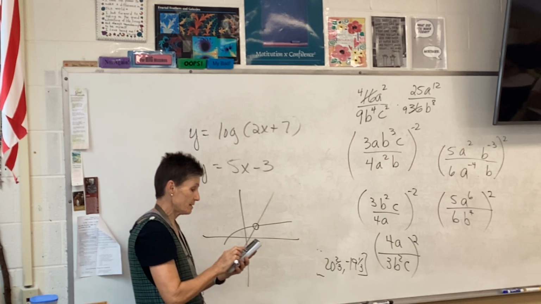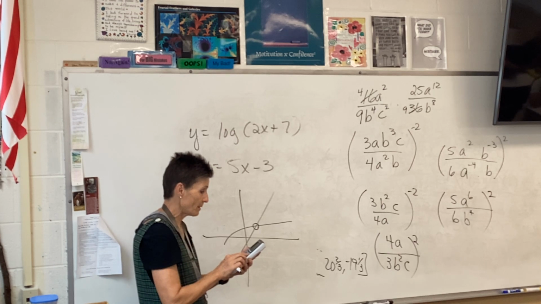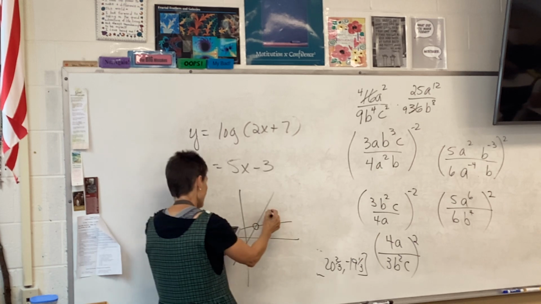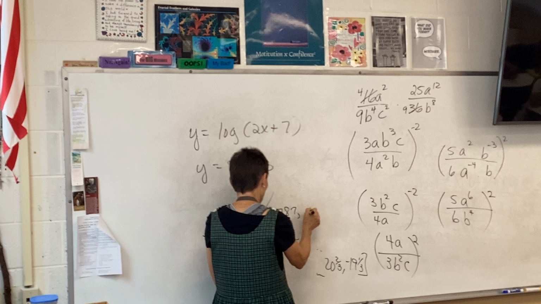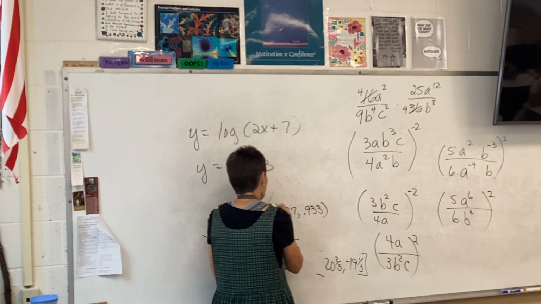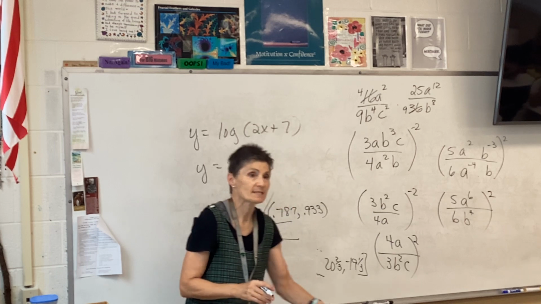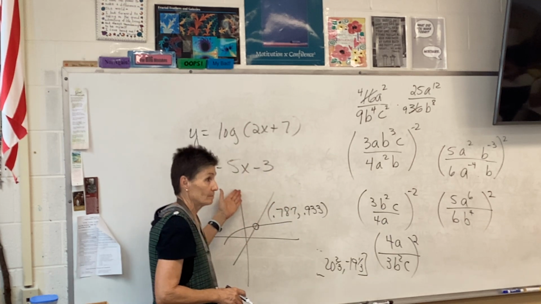So second calc, intersect, left bound is good, right bound. Looks like they intersect at the point .787, comma, .933. And both of those are the answer this time because this is a system of equations, x and y.